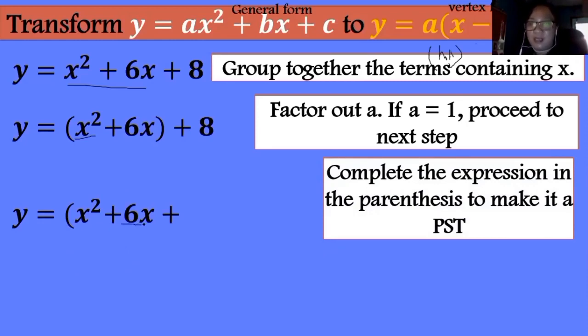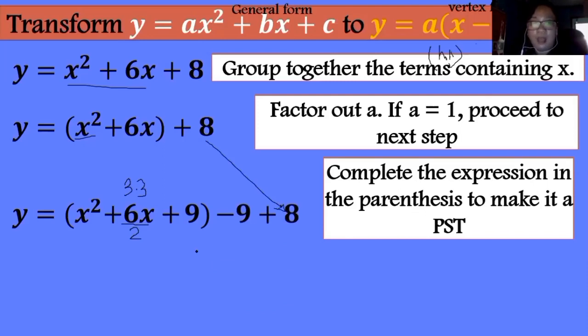Divide the second term by 2, and the answer is 3, and multiply by itself, or square. And the answer is 9. Add it there, and after adding, subtract it and copy the last term 8.